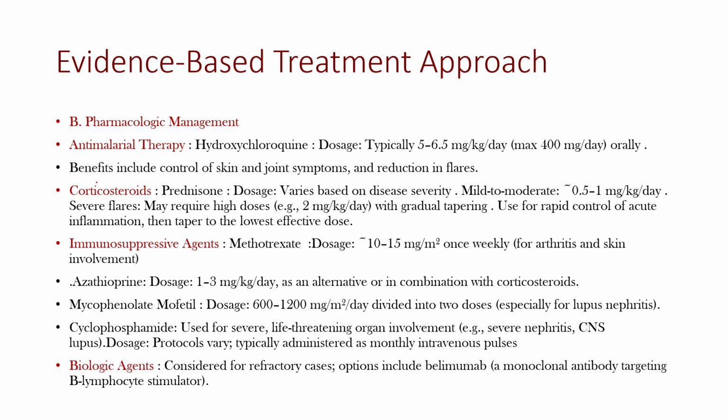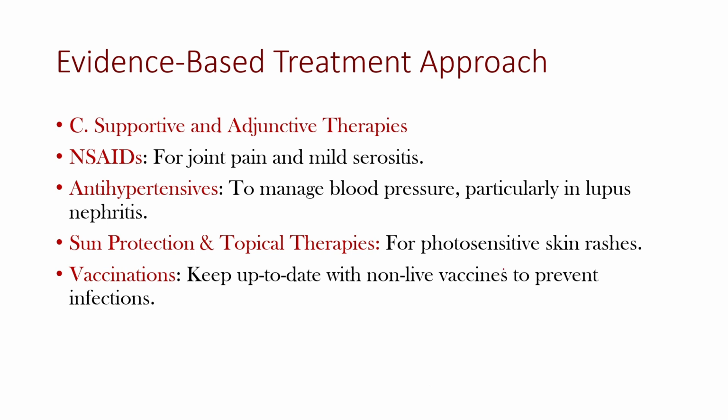Then corticosteroids, because the disease is autoimmune, so we need to inhibit the immune system. Then immunosuppressive agents like methotrexate, which is a DMARD. Then biologic DMARDs, which will also inhibit certain cells that are involved in the disease.